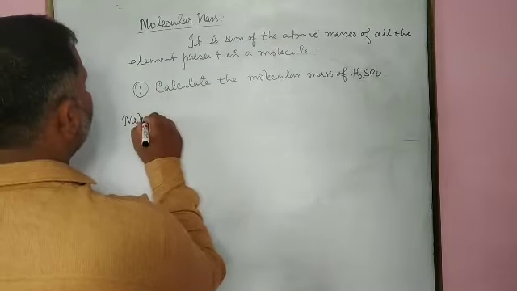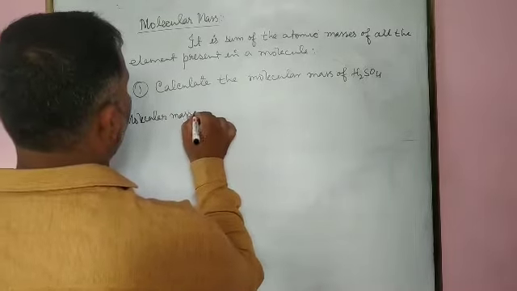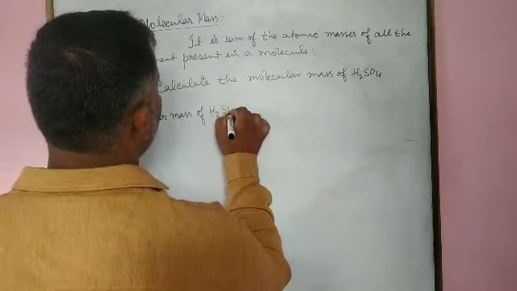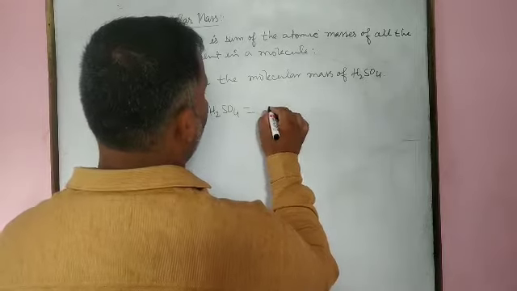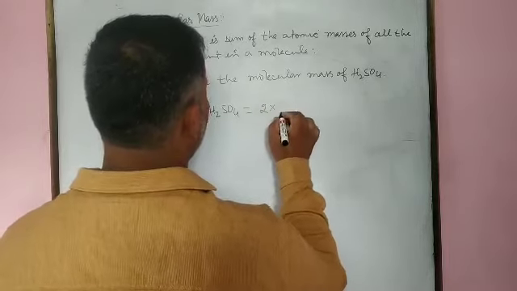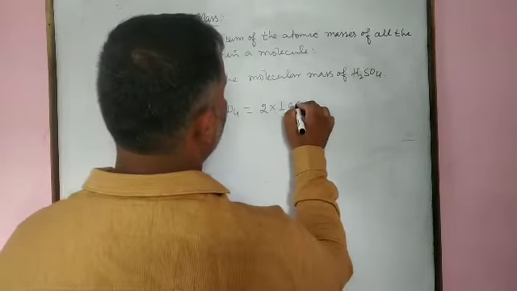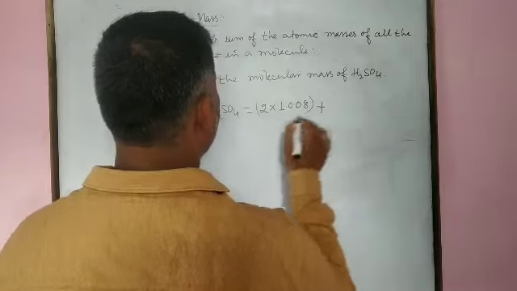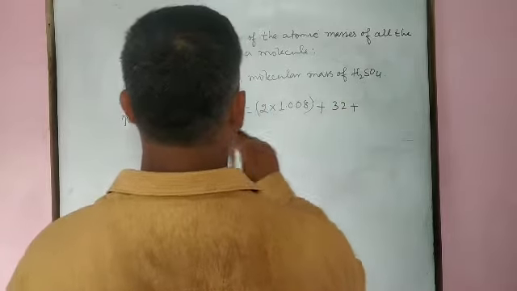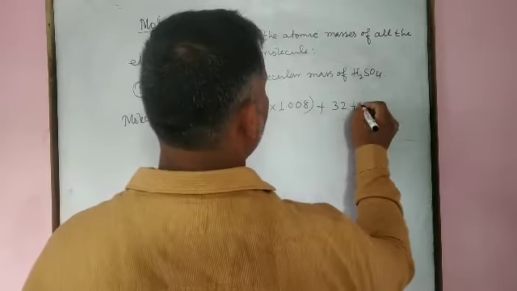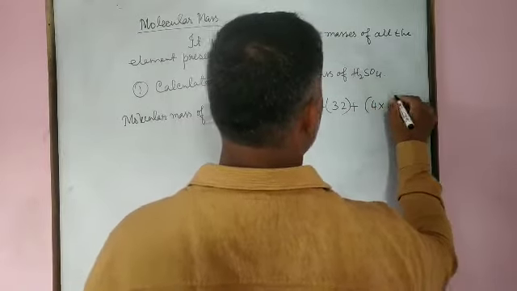Molecular mass of H2SO4 is equal to the sum of the masses: 2 into the mass of hydrogen, that is 1.008, plus the mass of sulfur, that is 32, plus the mass of oxygen, that is 4 into 16.